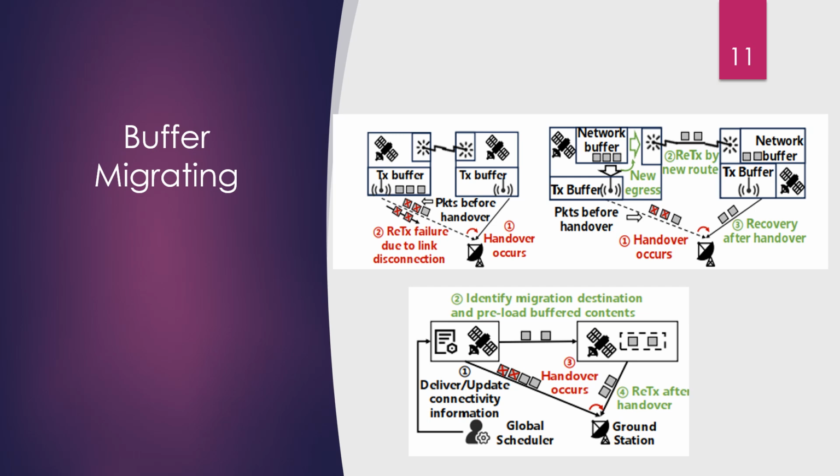This process minimizes packet loss and prevents delay spikes. By proactively managing buffer data during the handover, buffer migration helps maintain stable performance and reduce the impact of frequent disconnection in LEO networks.